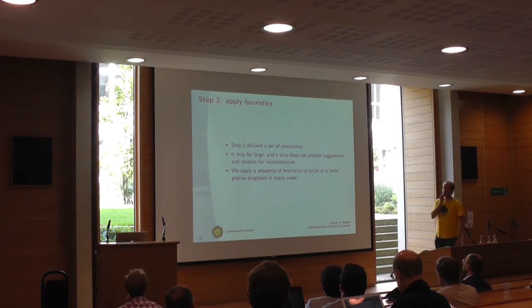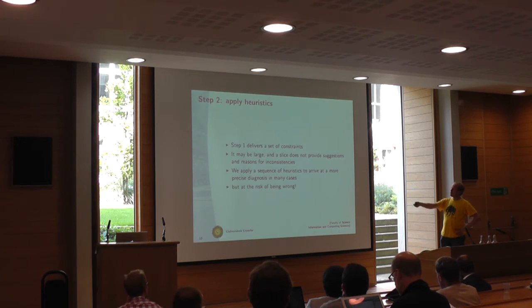Okay, so then step 2, which to me is the more interesting, because this is where we have to develop new heuristics to deal with the differences between an intrinsic type system like Milner's and the security type system that we look at here. Step 1 gives us a set of constraints, but it might be large, and maybe we want more precise diagnostics. So there is a risk here.